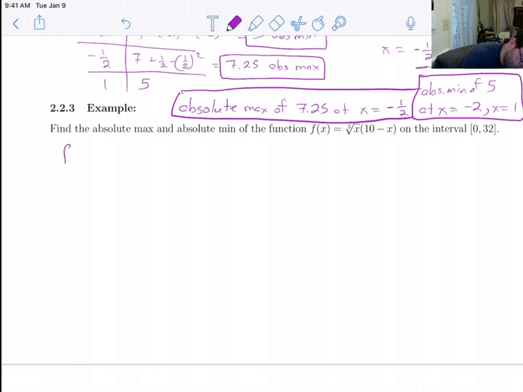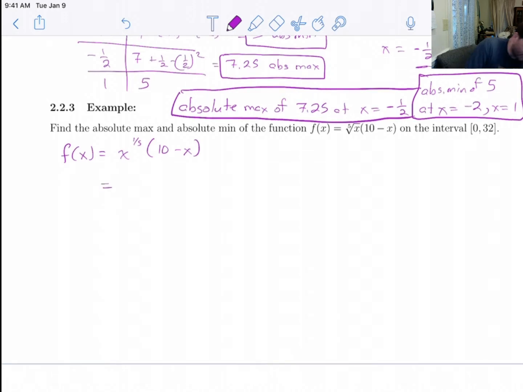So first up, I'm going to rewrite this. f of x is x to the 1/5 power times 10 minus x, which I'm going to distribute across and get 10x to the 1/5 minus x to the 6/5.